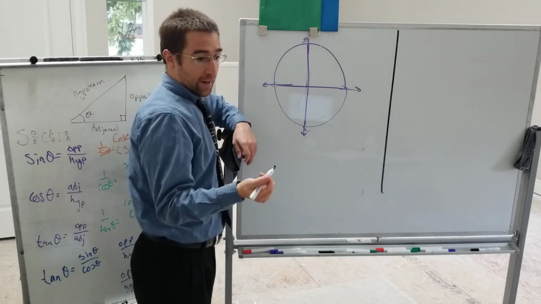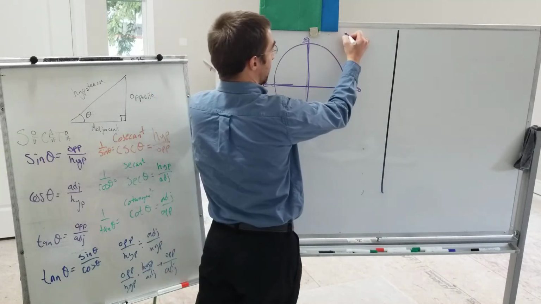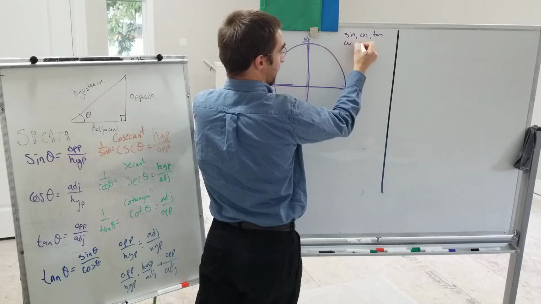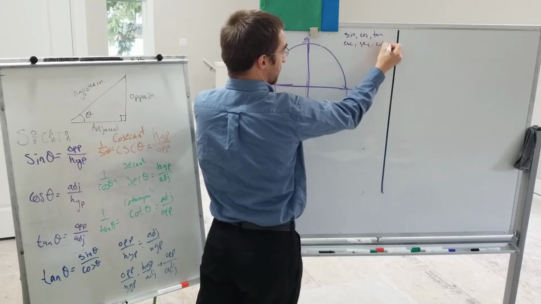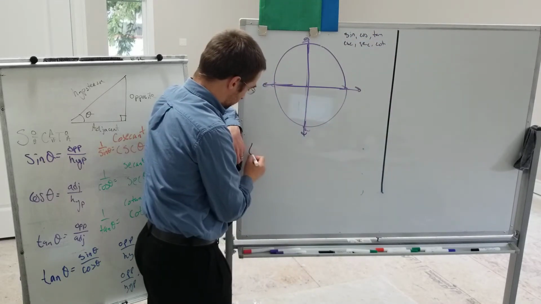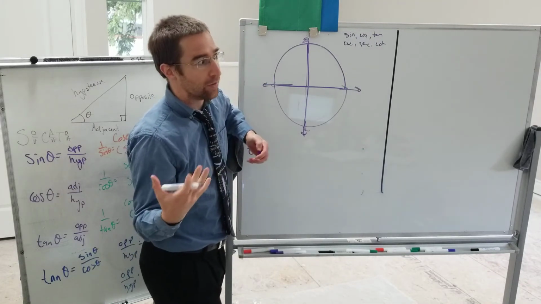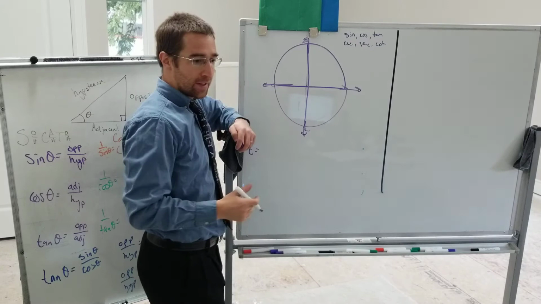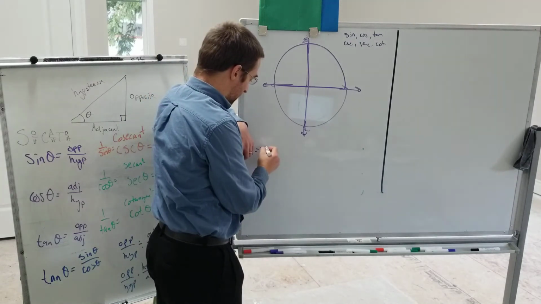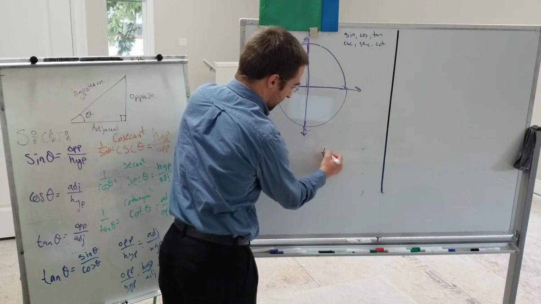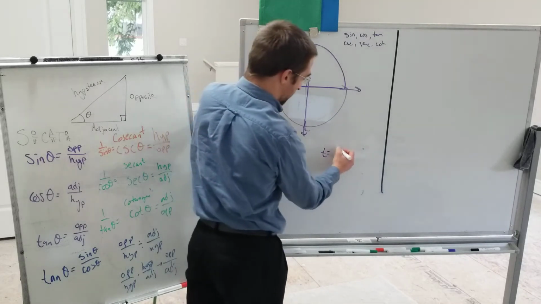Let's say I want to find sine, cosine, tangent, cosecant, secant, cotangent for the angle or the arc length, because it's the unit circle, so angle in radians and arc length are the same. Let's say t equals negative pi over 6. Let's say t equals 2 pi over 3.